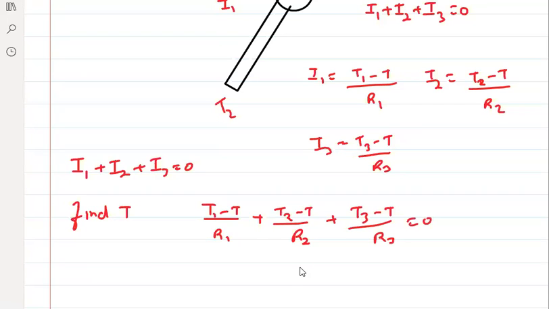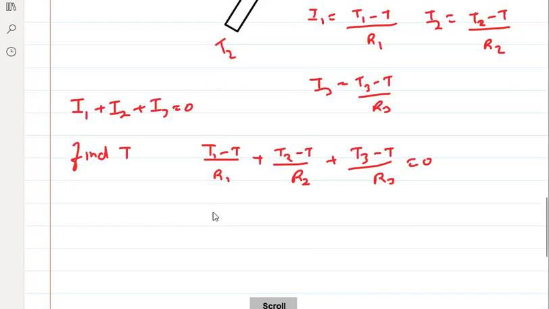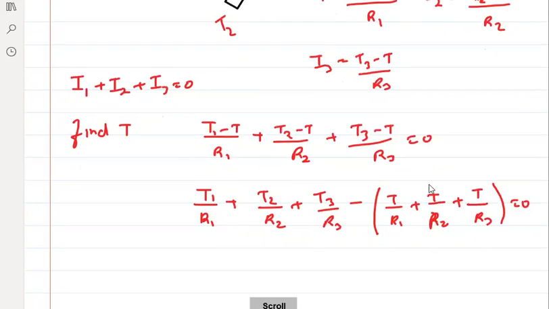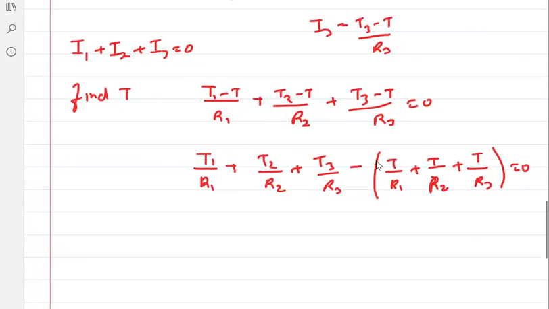Easy, right? Now just separate it: T1 by R1 plus T2 by R2 plus T3 by R3, minus bracket T by R1 plus T by R2 plus T by R3, is equal to 0. As simple as that. In 3 steps you can solve. Take this to this side, take T common.